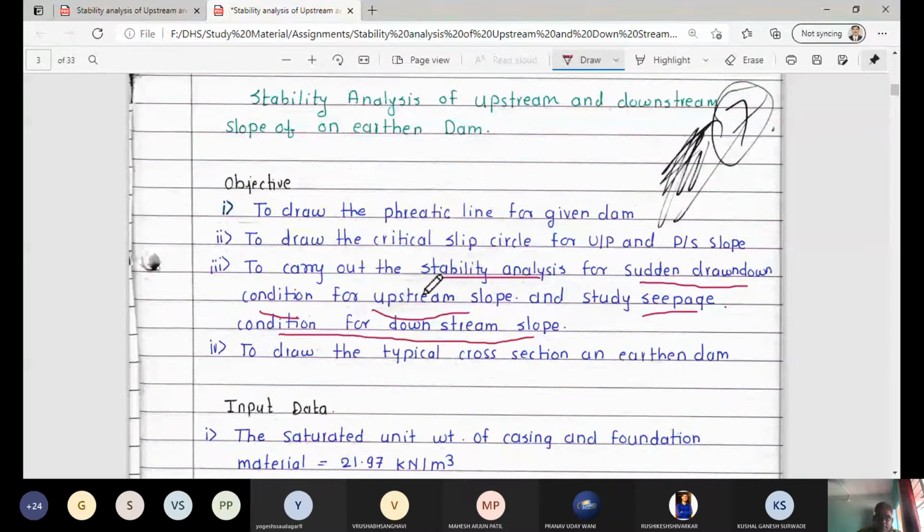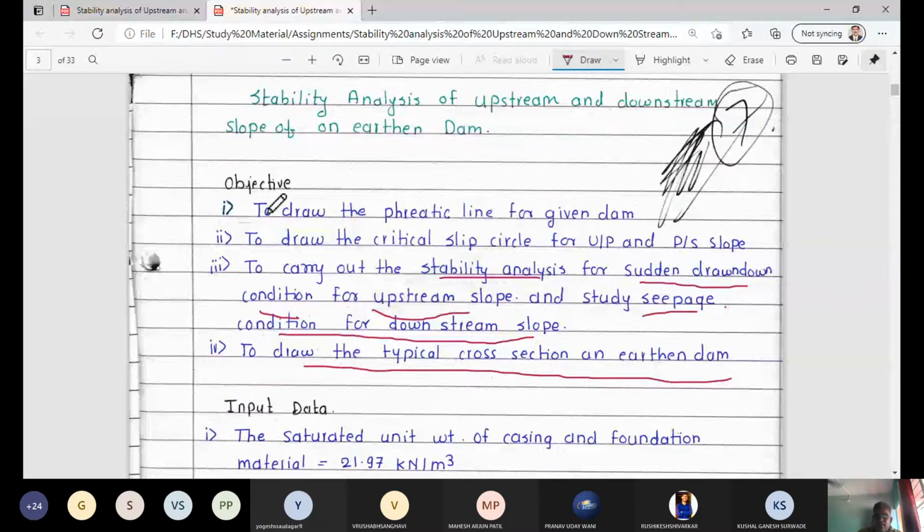In some cases you carried out this work for the downstream slope also. And the fourth objective is to draw the typical cross section of an earthen dam. So these are the four objectives.